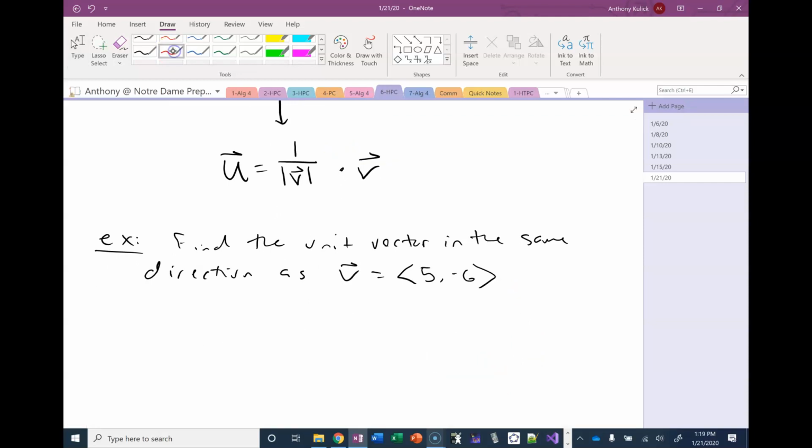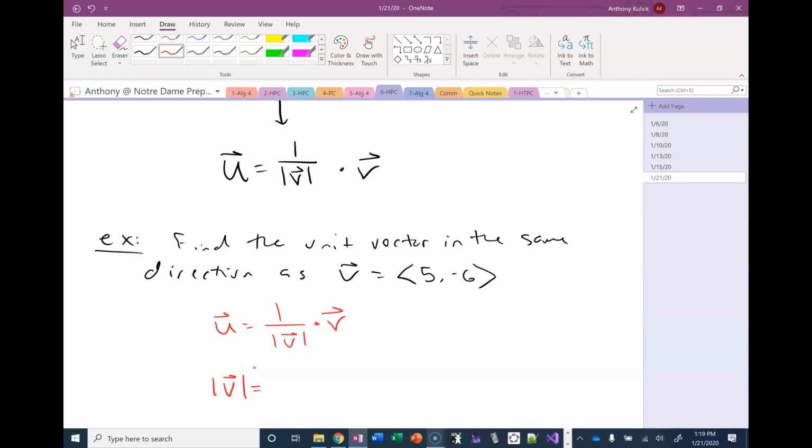So let's say, for example, I want to find the unit vector that's in the same direction as the vector 5, -6. So I know I'm going to use this formula, right? To be able to use that formula, I need to calculate the magnitude of v. How do I find the magnitude of v again?